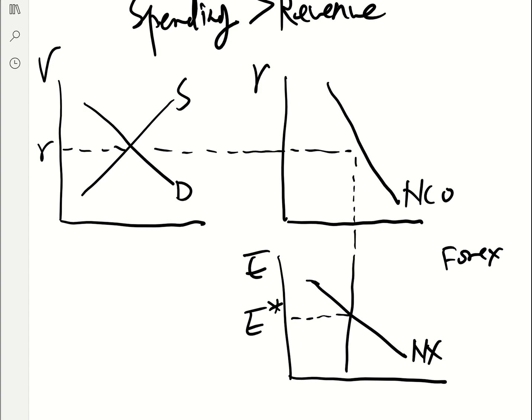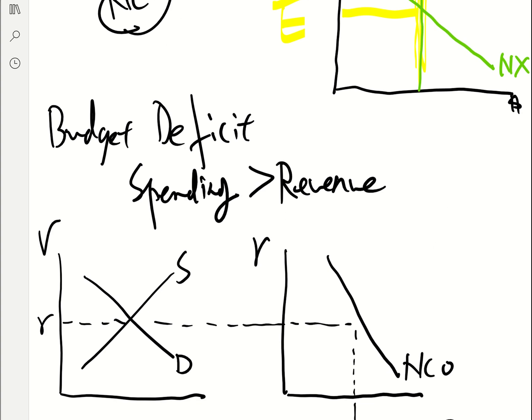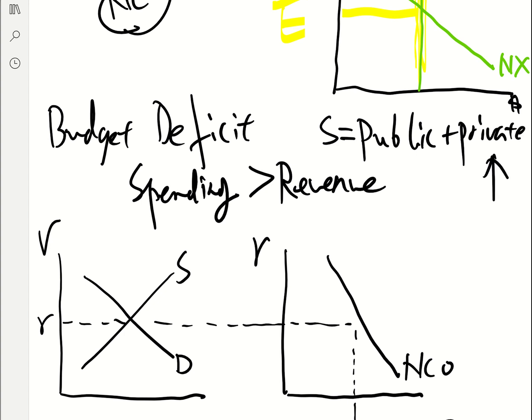All right. So whenever the government has a budget deficit, that means we don't have money anymore, so we're going to reduce our national saving. So saving goes down. National saving equals the public saving plus the private saving. Private is your consumers, your individual households. Public is the government, right?